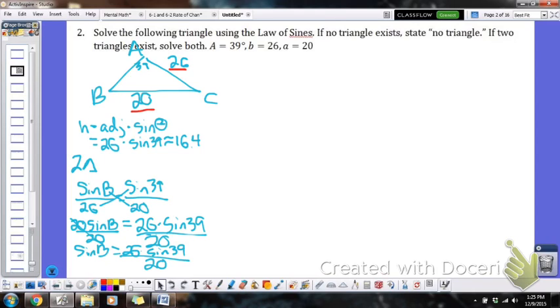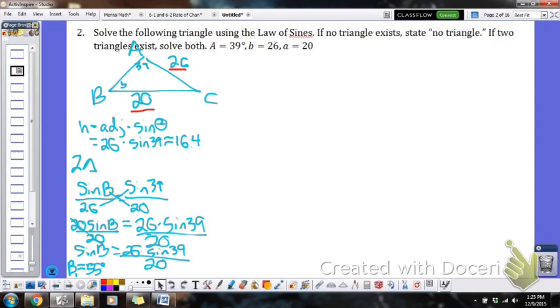And that'll give me about 55 degrees. So B is approximately 55 degrees. So that is for my first triangle. So that is B1 is equal to 55 degrees.